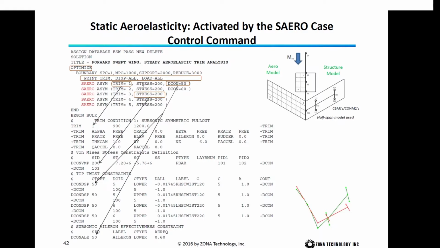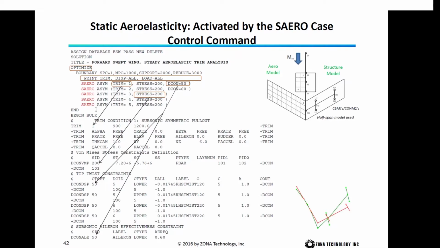Each trim case will create a trim load, and then we impose the stress constraint, and also we can impose the aileron effectiveness constraint. Also, you can impose the buckling constraint under those 5 trim loads.